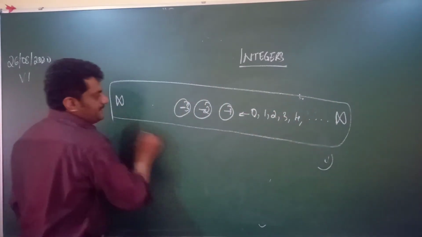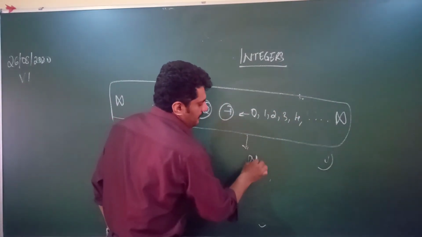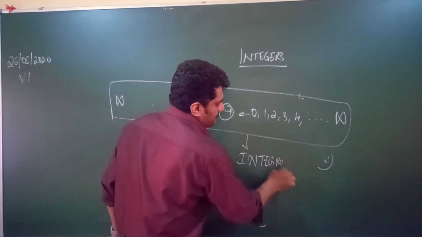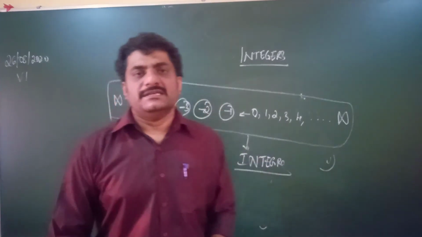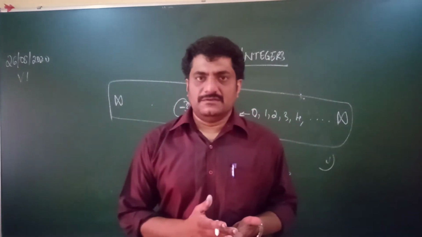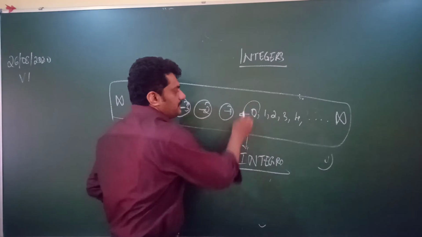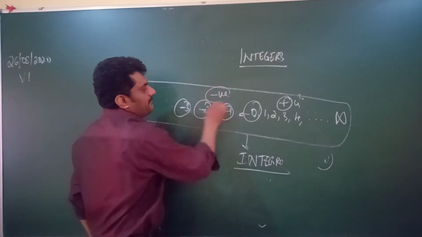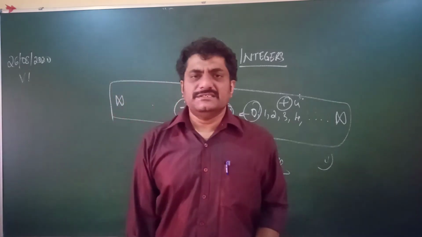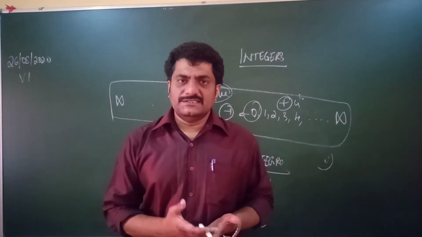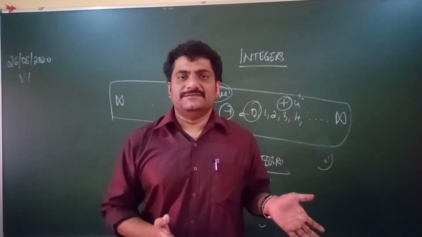All these numbers are called integers. Now what are integers? Integers are the combination of positive numbers, 0, and negative numbers.